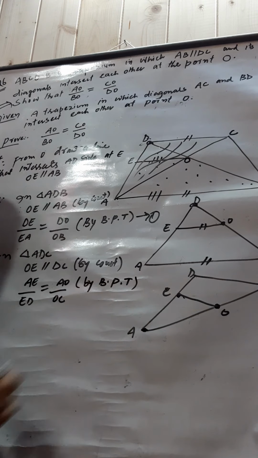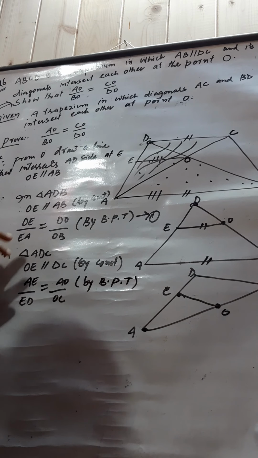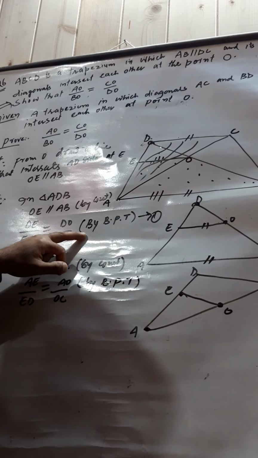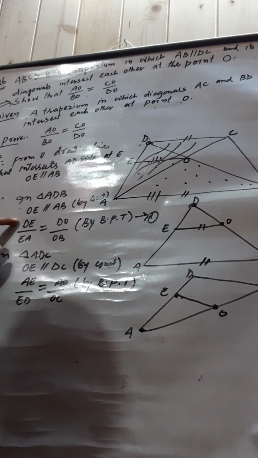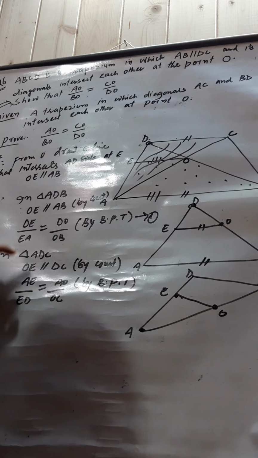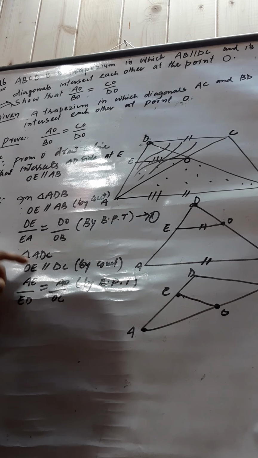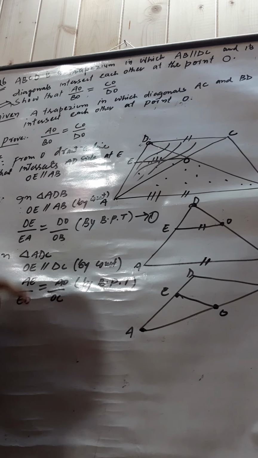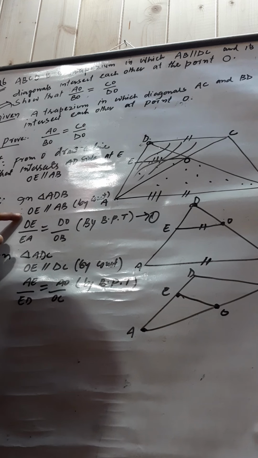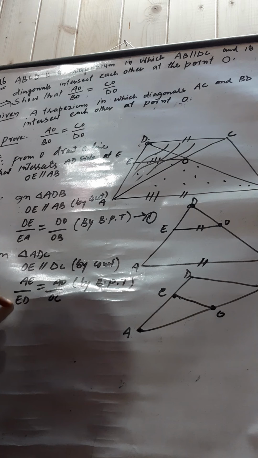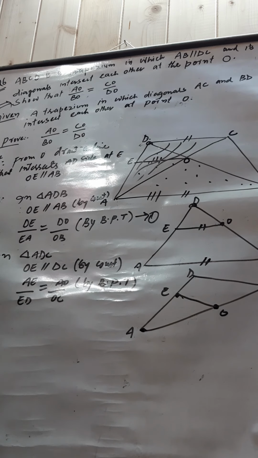But keep one thing in mind: what we had to prove and what we got in the first step is DE/EA. Here we have EA or AE, the line segment, and here DE or ED, the same thing. But ED is at the top here, whereas EA is at the bottom, so we take the reciprocal of this.